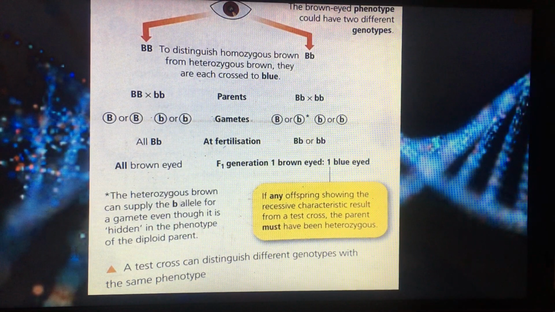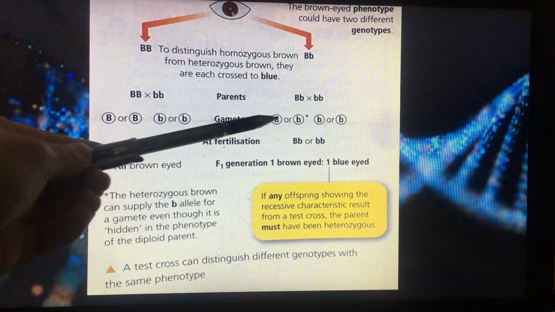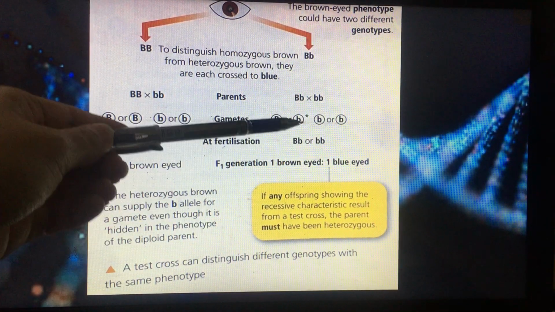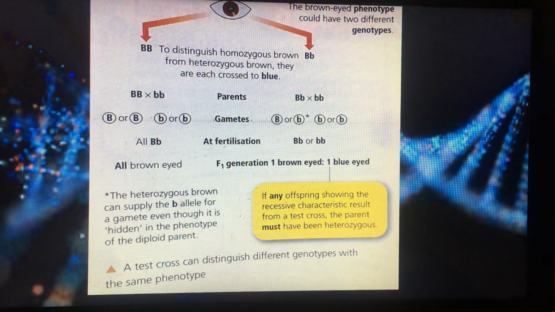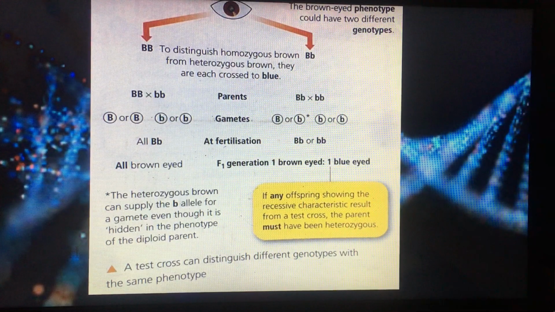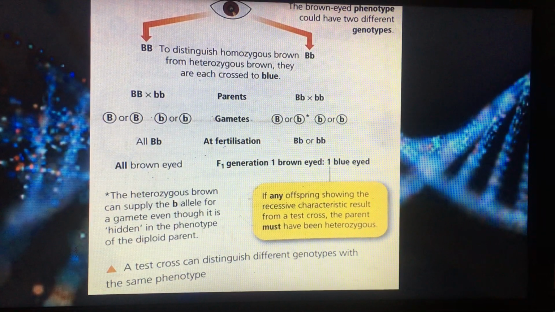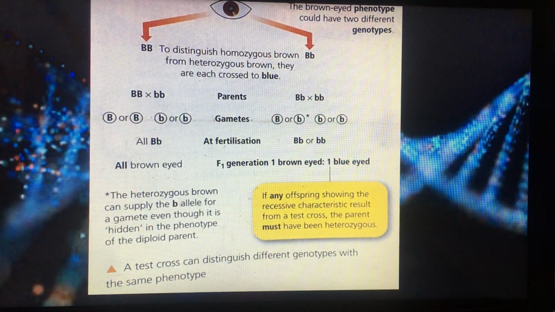When they fuse together, they will produce B capital B small, another B capital B small, and B small B small, B small B small. So that will produce B capital B small or B small B small. So the generation will be 1 brown-eyed and 1 blue-eyed.